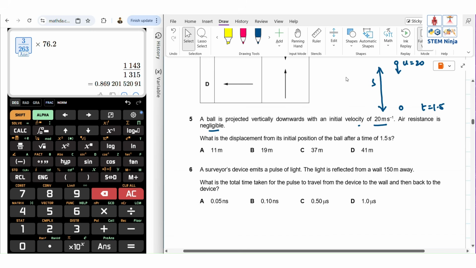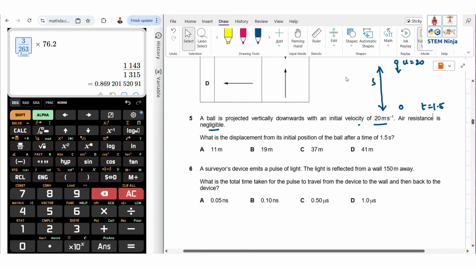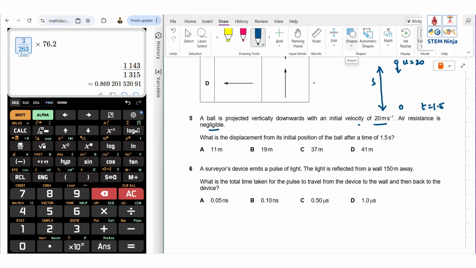So we can use S is equal to UT plus half AT squared. U is 20 times 1.5, and half A would be 9.81 divided by 2 times again 1.5 squared.